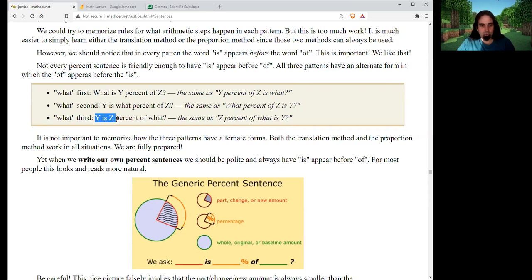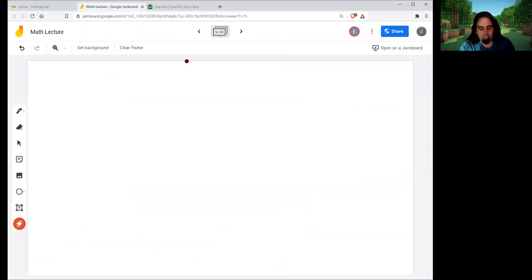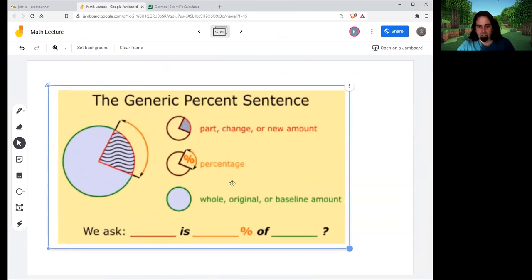Or 100% of what number is 50? So you can always reorder things so that the of comes first. That just sounds a little more awkward. So this picture is sort of the summary of what we've done. Let's make it big and talk about it.